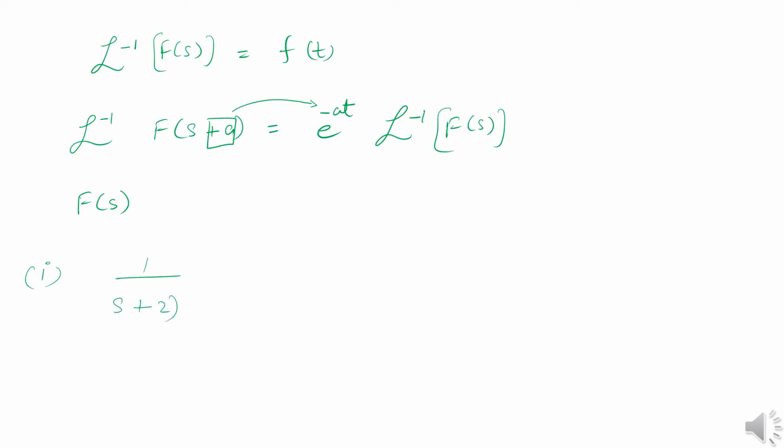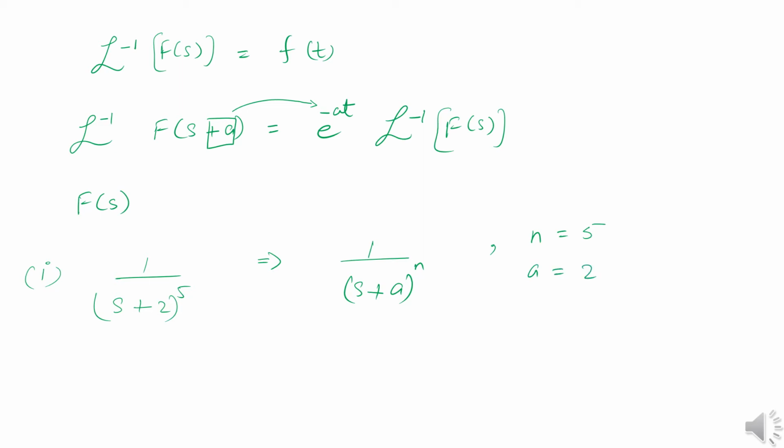We are given the question 1 over (s plus 2) whole to the power 5, and we can see that if we compare this with 1 over (s plus a) to the power n, then n is equal to 5 and a is equal to 2.